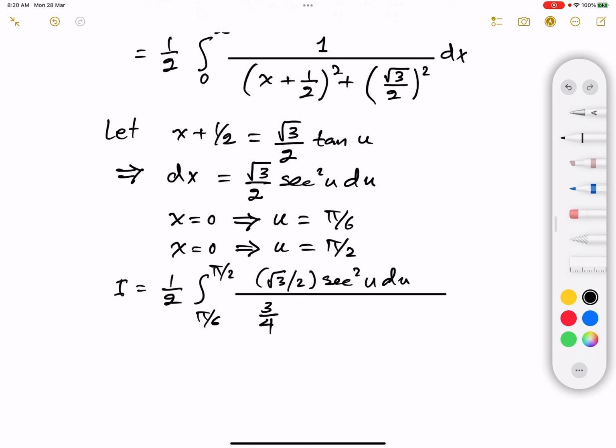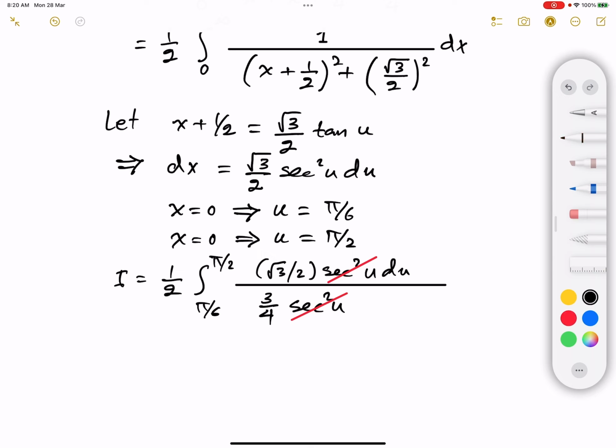We can take the 3 by 4 as a common factor. And tangent squared of u plus 1 would give us secant squared u. Now secant squared u can get cancelled with the secant squared u in the numerator. And we're going to be left with 1/2 outside. 3 by 4 in the denominator would become 4 by 3 outside, multiplied by the square root of 3 divided by 2, of course.